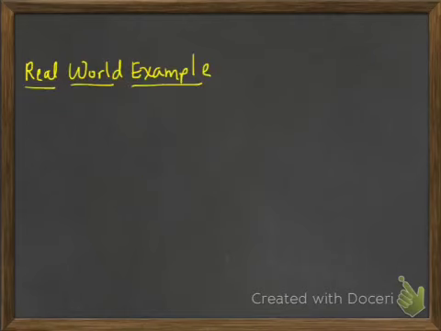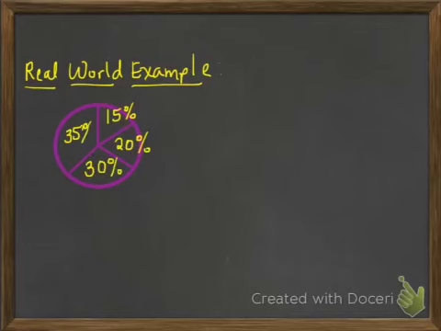All right, here's a real-world example. We've got a circle graph or a pie chart here, and this pie chart can really represent anything that you want it to be. It could be a candy bar survey that you did and you found out 35% of the people liked Hershey's and 30% liked Reese's and 20% so on and so on. Or it can be any kind of survey.